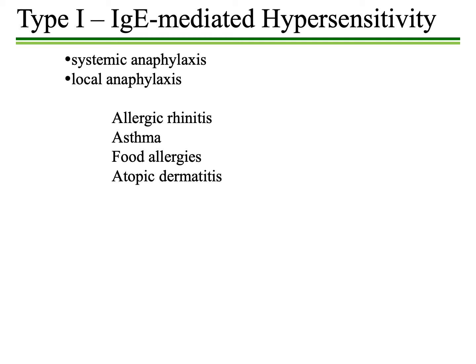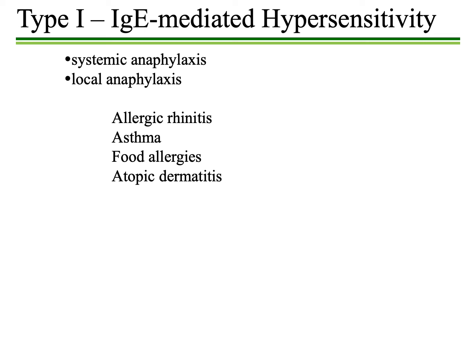And in a systemic response, you have a shock-like, oftentimes fatal type of reaction that occurs within minutes of exposure to the allergen. These are typically things that enter directly into the blood, usually something that is absorbed by the gut or the skin. And again, why something reacts so dramatically in an individual is not necessarily clear, but there are in fact these clear-cut examples of what's known as systemic anaphylaxis.